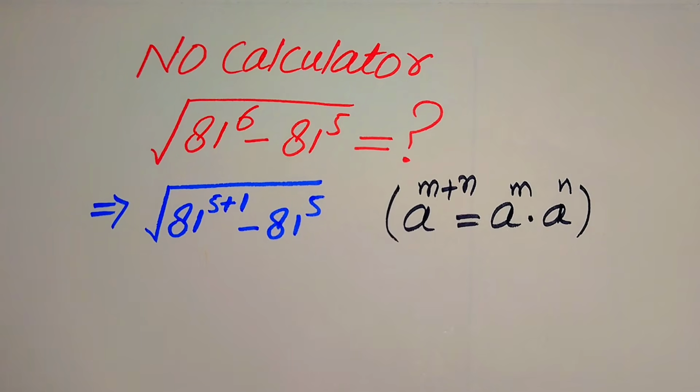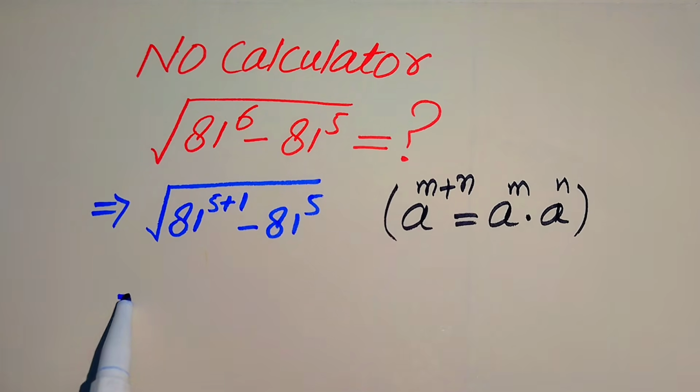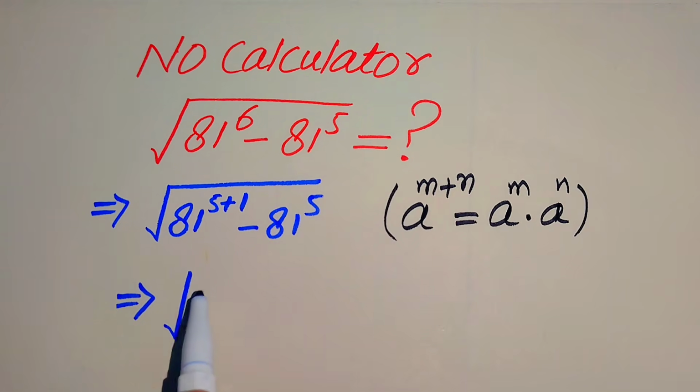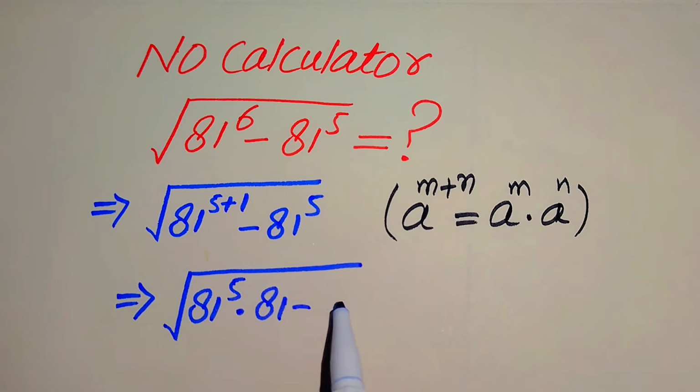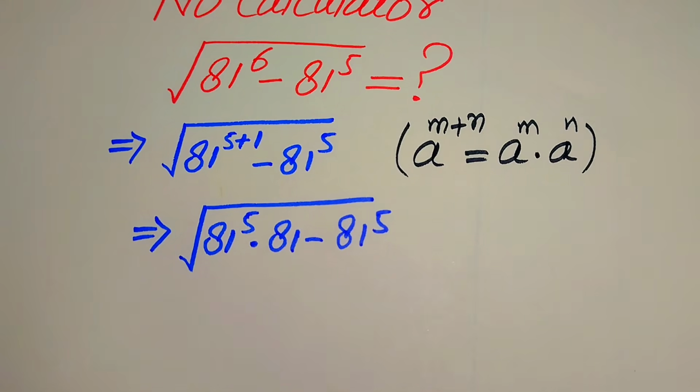According to this rule, we break this exponent, and it will be written as the square root of 81 to the power of 5 multiplied by 81, minus 81 to the power of 5.